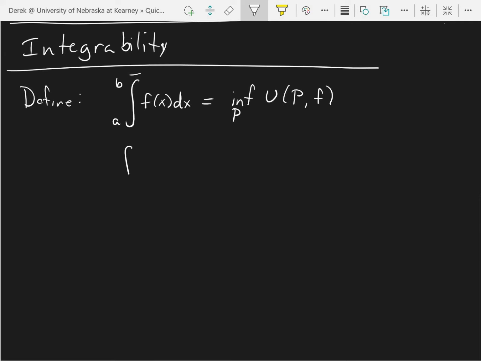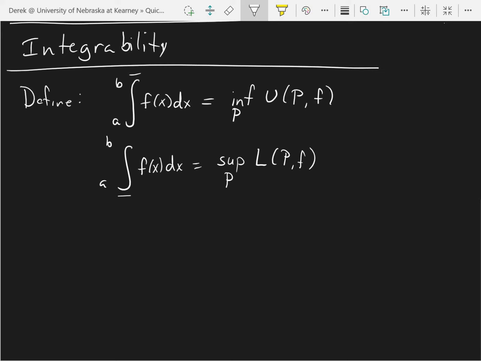And we're going to similarly define the lower integral from a to b, f of x dx, equal to, well, when we refined lower integrals, they got bigger, so the supremum over all partitions of the lower integral on a partition P of f.